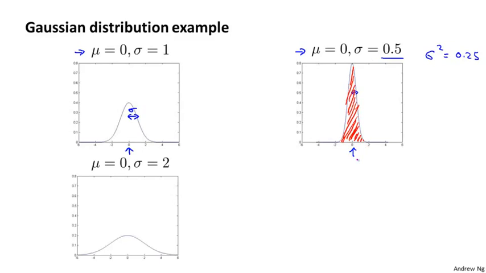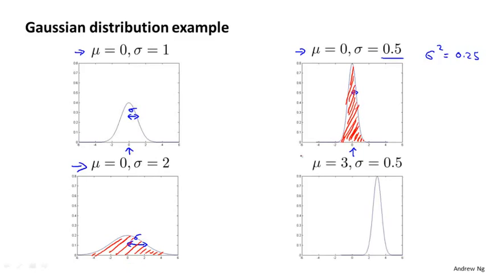Another example, if sigma is equal to 2, then you get a much fatter, much wider Gaussian density. And so here, the sigma parameter controls that this Gaussian density has a wider width. And once again, the area under the curve, that is this shaded area, always integrates to 1. That's a property of probability distributions. And because it's wider, it's also half as tall in order to still integrate to the same thing.